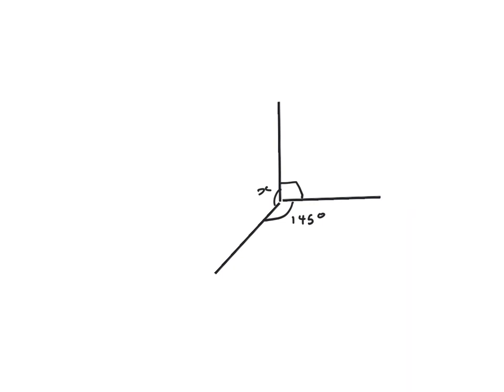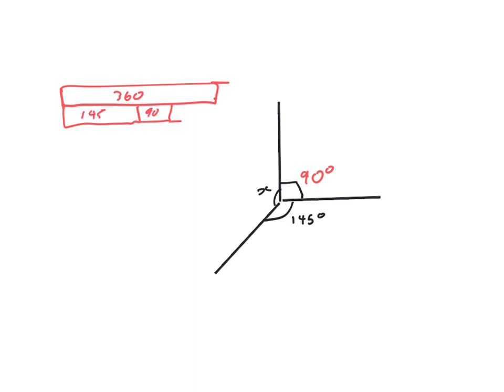Okay, something a bit more complicated now. I've got 3 missing angles there. So, first of all, I see this. If ever I see this, I think 90. It's probably a good idea just to write down the number 90 there. So let's think of it as our bar. So 360 is our whole, 145 is a part, 90 is a part, and we have our missing number.